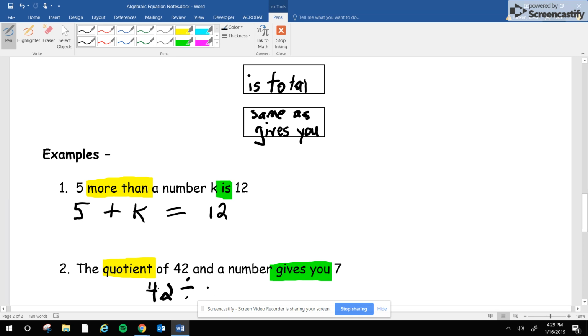We don't know the number, so I'm going to use n for my variable. Gives you equals 7. Now, of course, another way to write division is to write 42 over n equals 7.